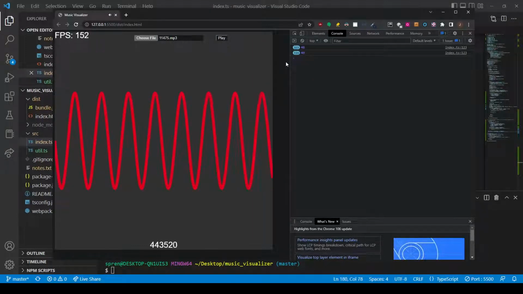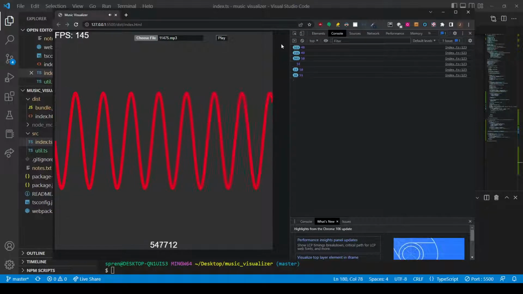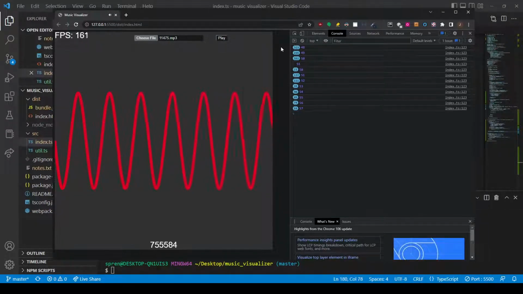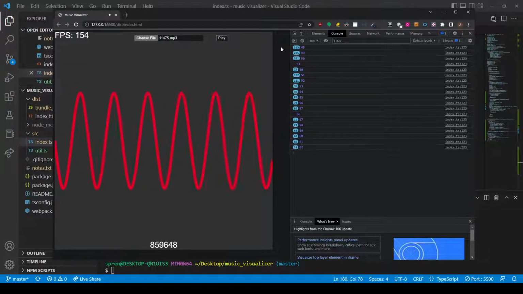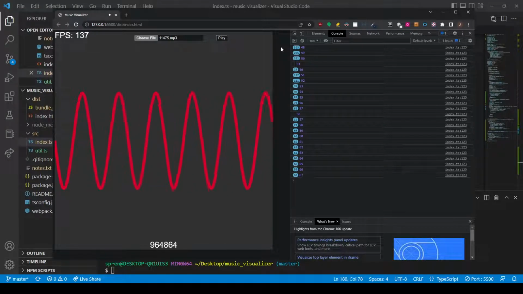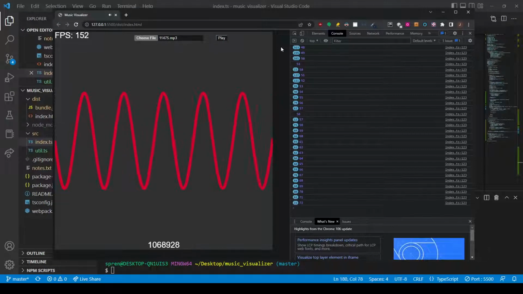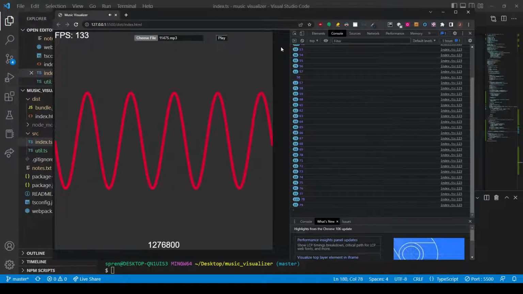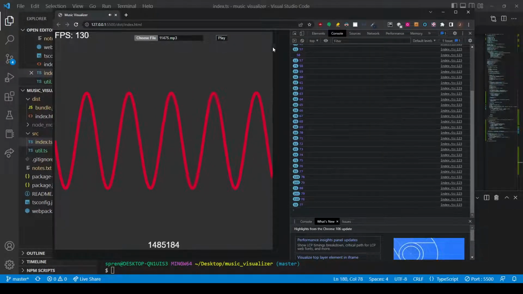Okay, let's see. That's insane. Yes, it works.